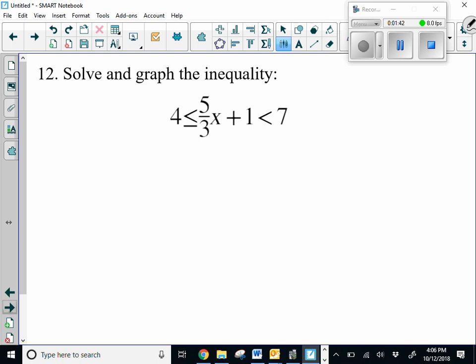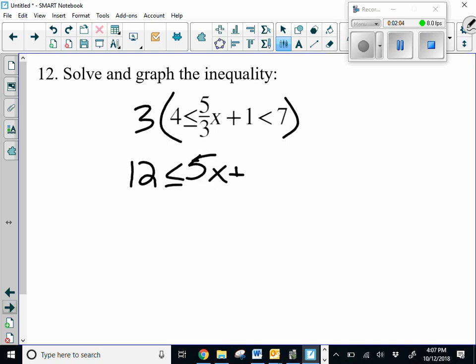Then, if we look at number 12, now we have an and inequality, right? So again, we know this already before even doing it, what this should look like. This should be on the inside, one connected piece on the inside. But let's figure out why. So we have this thing, ew, fractions, gross. Let's get rid of the fractions. So we're going to multiply everything by 3, where 12 is less than or equal to 5x plus 3 is less than 21.